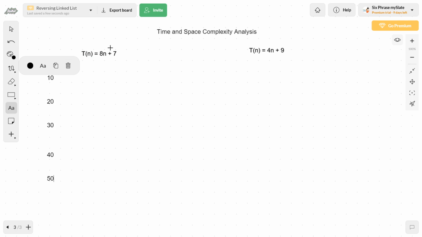When you substitute 10, it is 8 multiplied by 10 plus 7, which is 80 plus 7, 87. So 87 unit time. Coming here, 4 multiplied by 10, 40, 40 plus 9, 49. For 20: 20 multiplied by 8, 160 plus 7, 167. And 20 multiplied by 4, 80, 80 plus 9, 89.